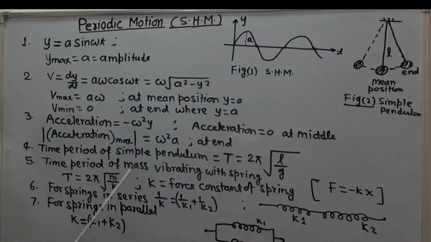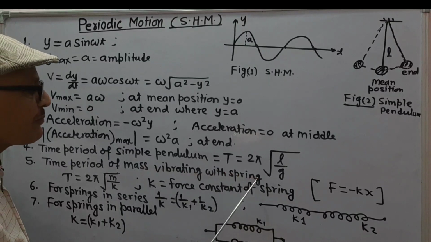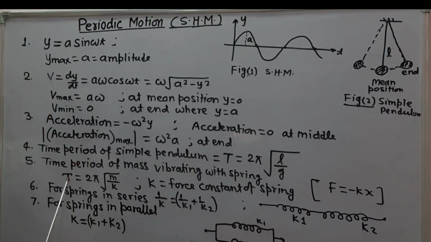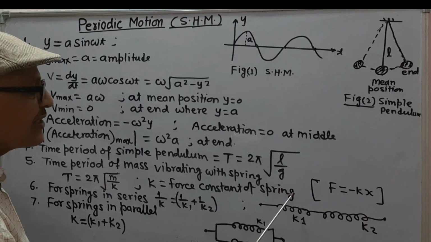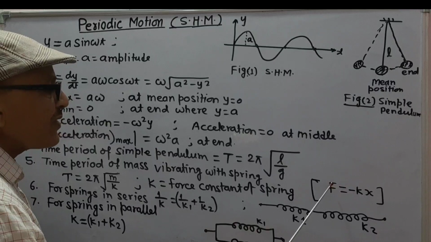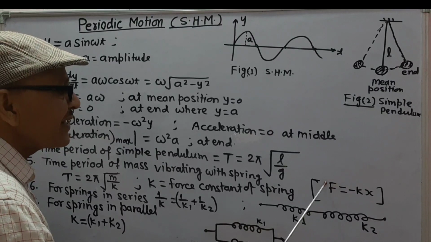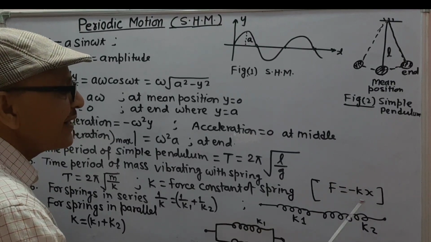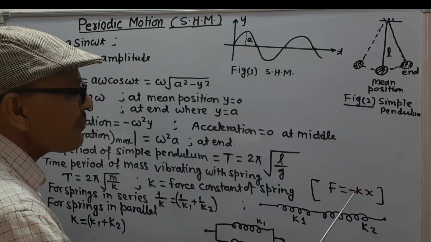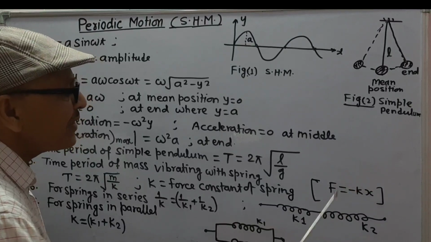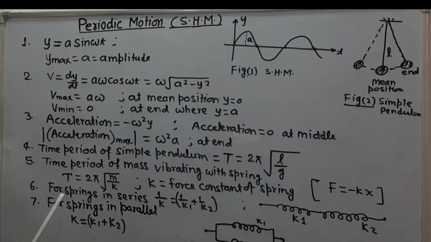Next, the time period of a mass vibrating with a spring is given by T is equal to 2 pi under root m upon k, where k is the force constant of the spring, which is given by the relation F is equal to minus kx, which is called restoring force.